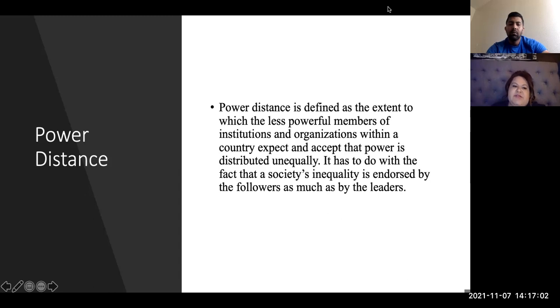This dimension deals with the fact that all individuals in societies are not equal, and it expresses the attitude of culture towards these power inequalities. Power distance is defined as the extent to which the less powerful members of institutions and organizations within a country expect and accept that power is distributed unequally. It has to do with the fact that society is unequal and is endorsed by followers as much as it is by leaders.